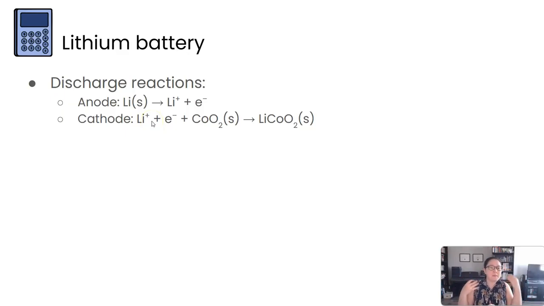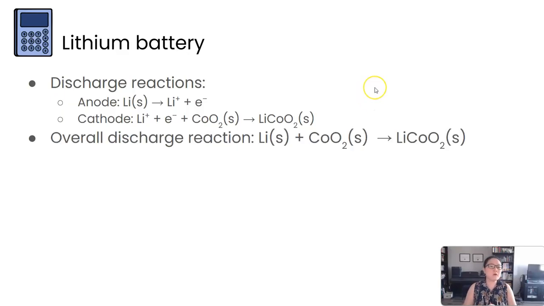Instead, this whole cell is suspended in a gel, which doesn't fit any of the symbols we use, so we're leaving that symbol-less. As a result, our overall discharge reaction, where the cell is releasing energy, has lithium and cobalt oxide forming a complex.